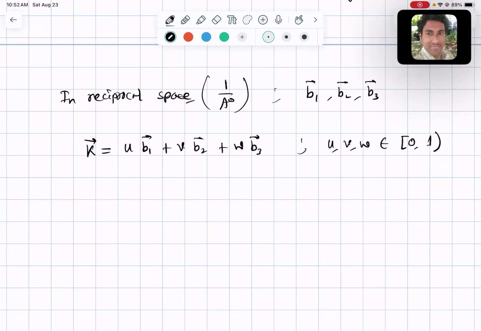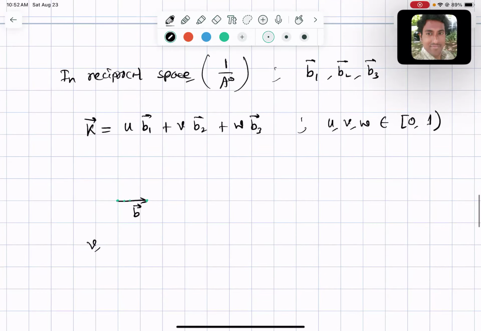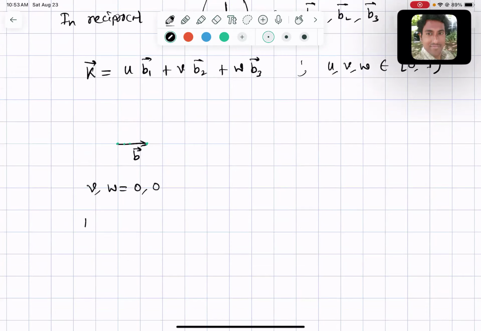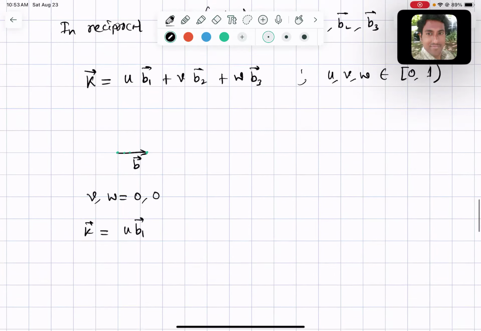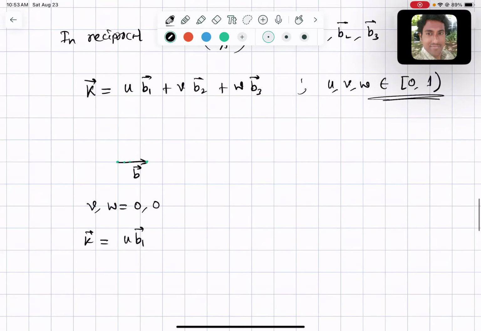If the range is between 0 to 1, that means if you are moving along b1, then you are either here or there at maximum. You cannot go beyond b1. Let's say for example v and w are 0, then the k vector is just u b1. And u is some value between 0 and 1, right?